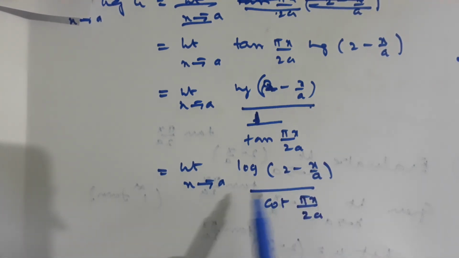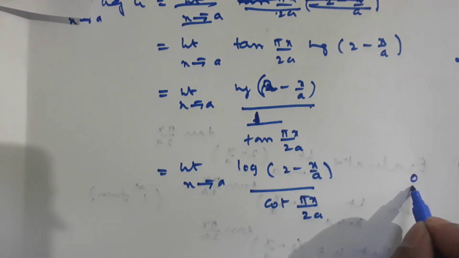Suppose x is equal to a here, log 1 is 0. Also x is equal to a, here cot pi by 2 is 0. So that it is 0 by 0 form.